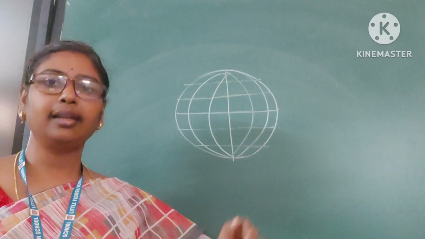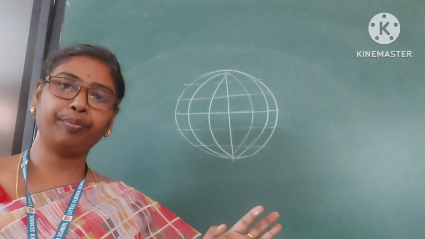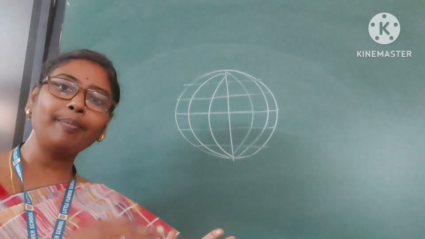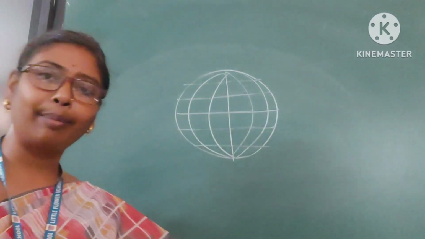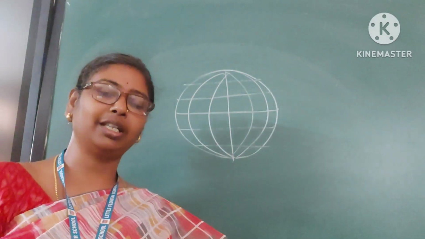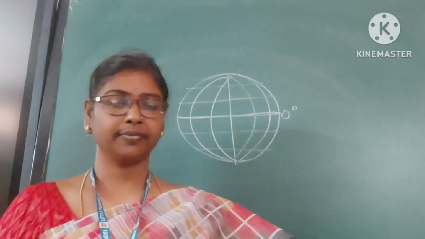So these are the 2 main importance of latitudes. On the basis of the position of a place only we can know the climatic types, the natural vegetation, soil types, so many things we will be knowing.